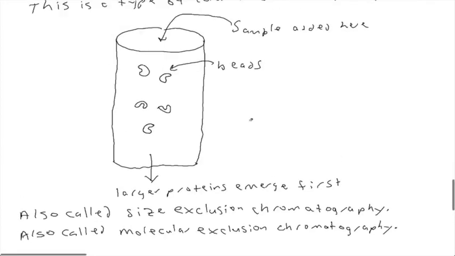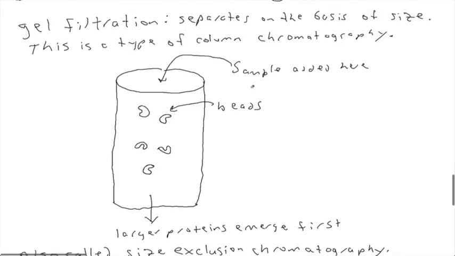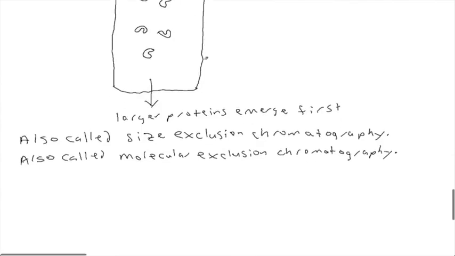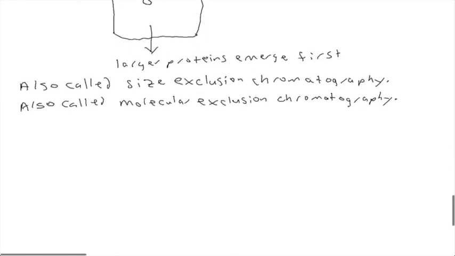Well, you might need a third method because there might be some proteins that are similar in both size and solubility to your target. If there's some proteins that are similar in both size and solubility to your target, you still couldn't get rid of those even if you did both gel filtration and salting out. So that's why usually in the lab you have to do multiple types of separation in a row to get good results. So that's some important practical ideas.